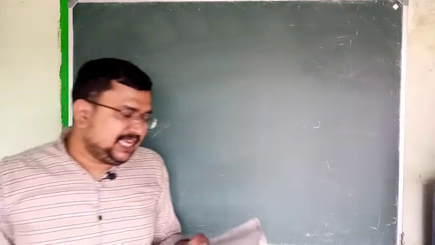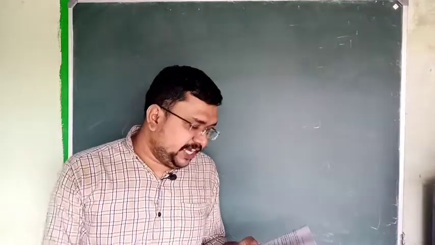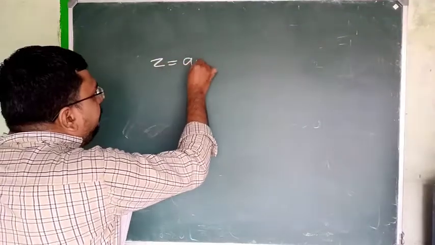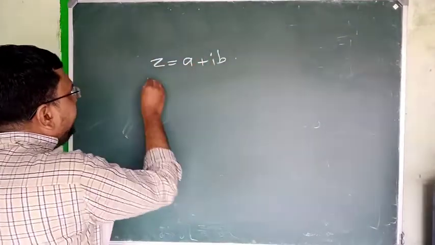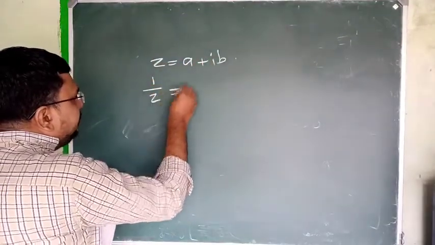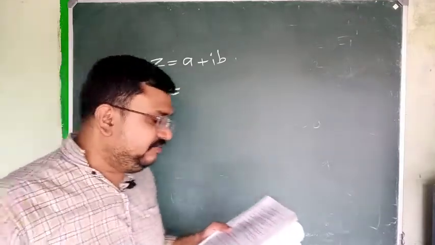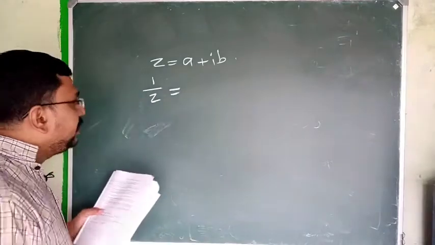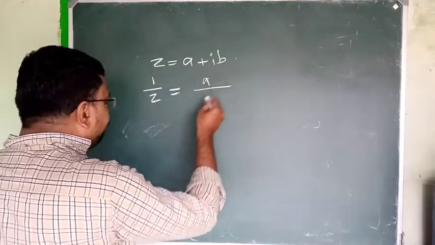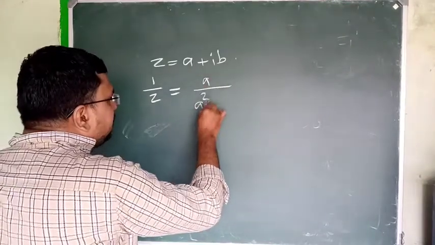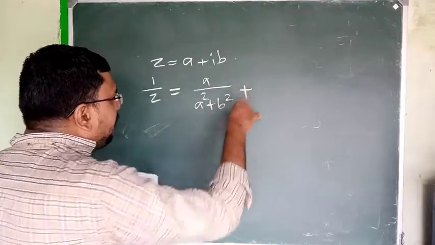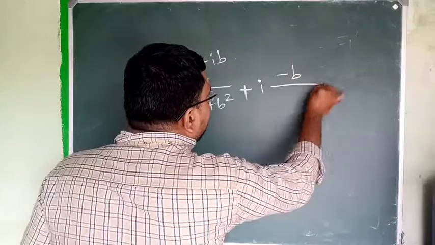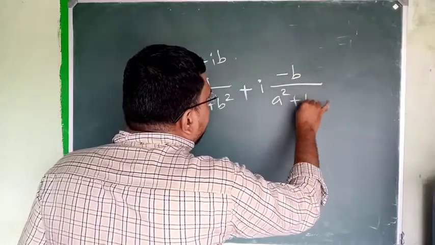That is, if Z equal to a plus ib, then 1 by Z, that is the multiplicative inverse, 1 by Z equal to a by (a square plus b square) plus i into minus b by (a square plus b square).